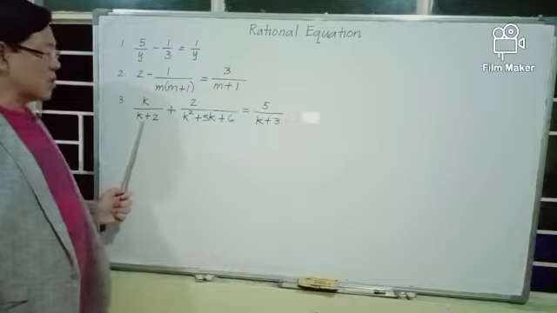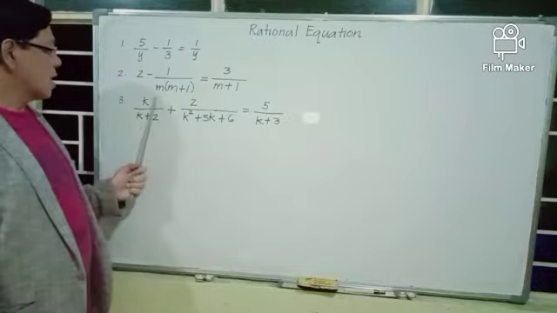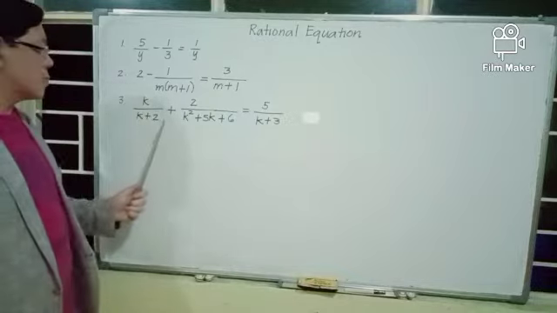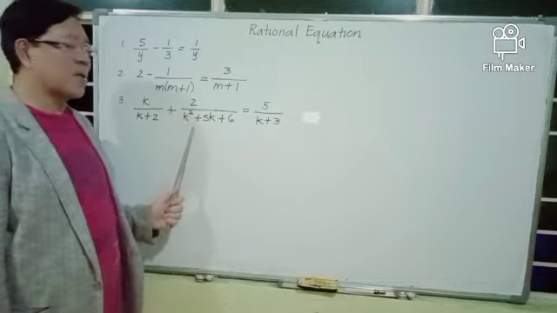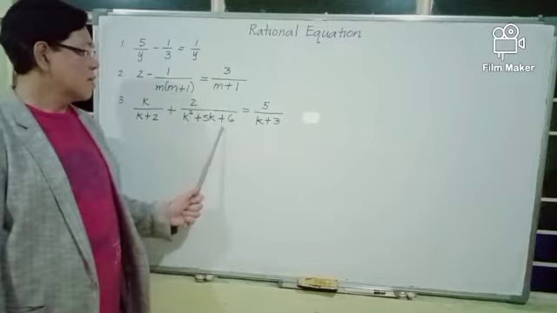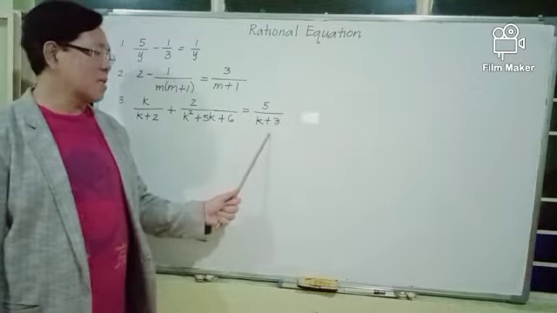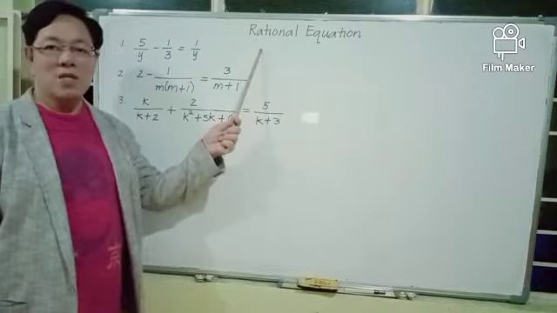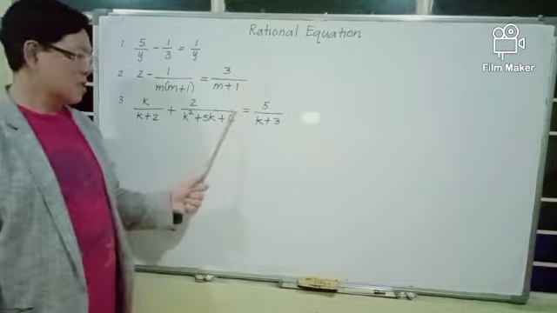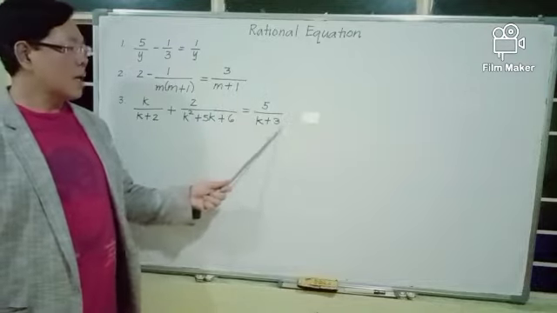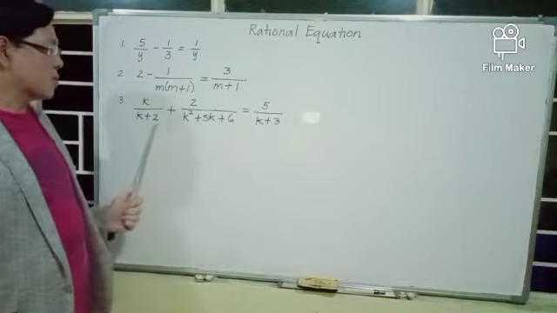And this equation, number 3, k over k plus 2 plus 2 over k squared plus 5k plus 6 equals 5 over k plus 3, is also a rational equation because it is an equation and it contains rational expressions.